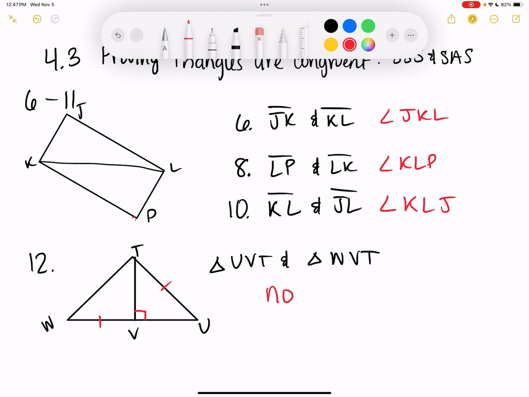So we have to assume no. We would have had to know, if they had switched this instead, and it would have been like this instead, and we knew that these were congruent, and we also knew that obviously this is reflexive, it has to be congruent, then we would still have side angle side. But that wasn't what they gave us, so we don't have enough information with what they gave us.